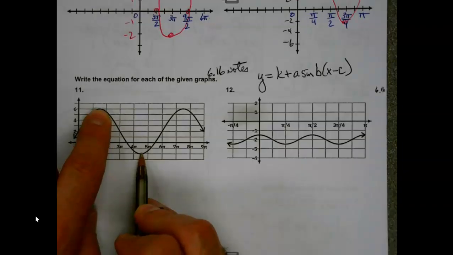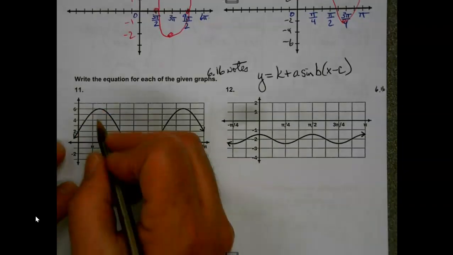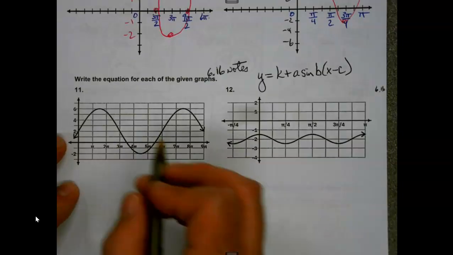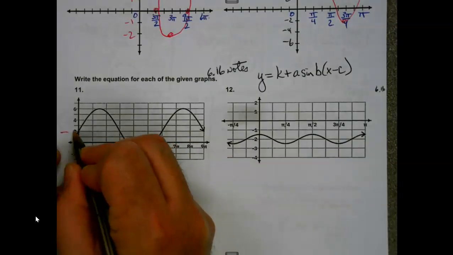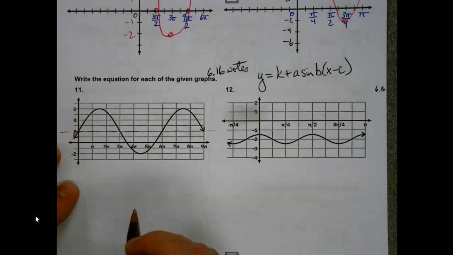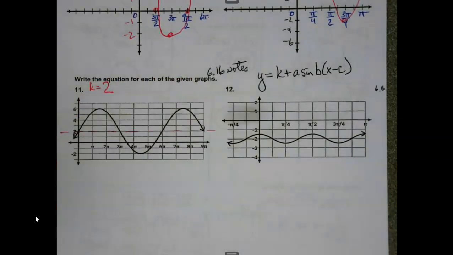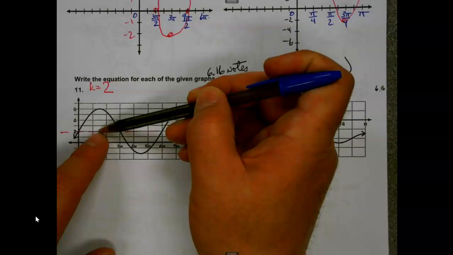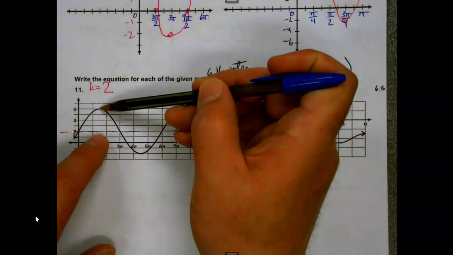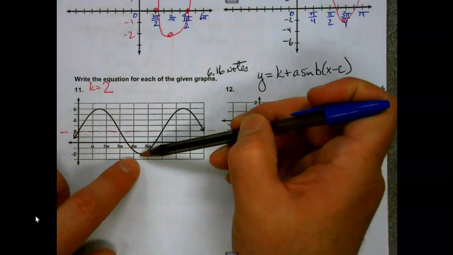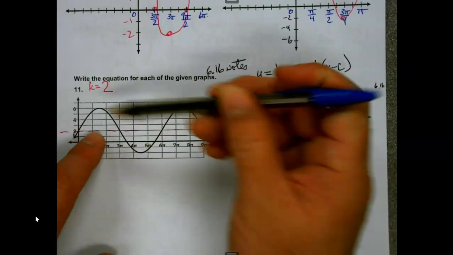So if I find the middle of that, it is going to be at 2. So my center line, my k value is 2. My A, how far is it from the center line to the top or the center line to the min? 2 to get 6 is 4.